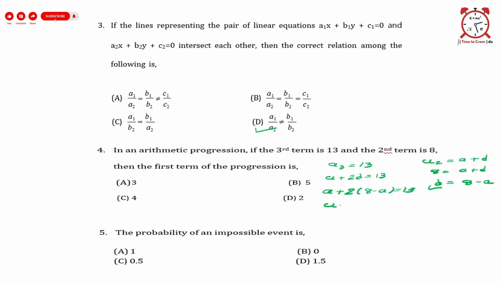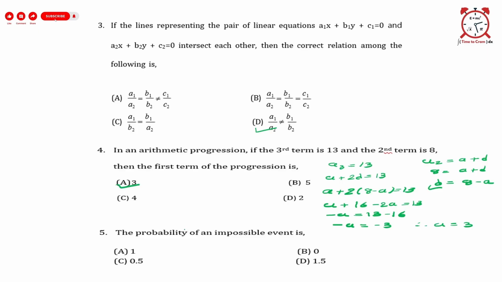A plus 2 8s are 16 minus 2A equal to 13. So minus A equal to 13 minus 16. So minus A equal to minus 3. Therefore A equal to 3, and our answer is option A, 3.